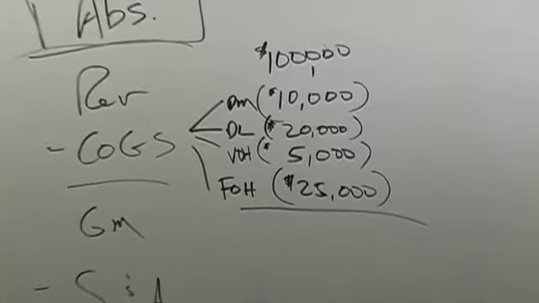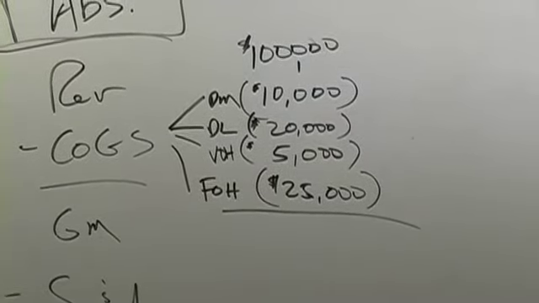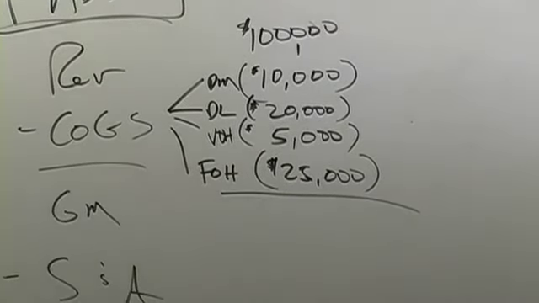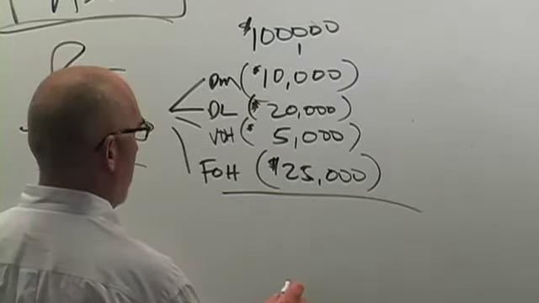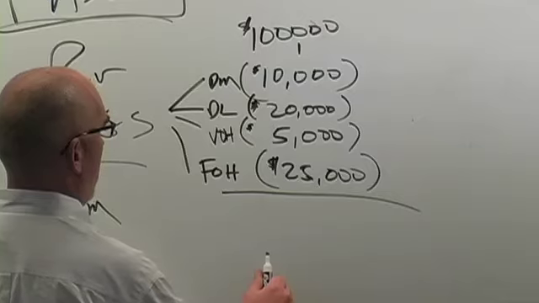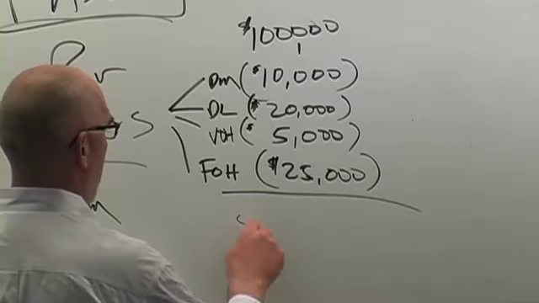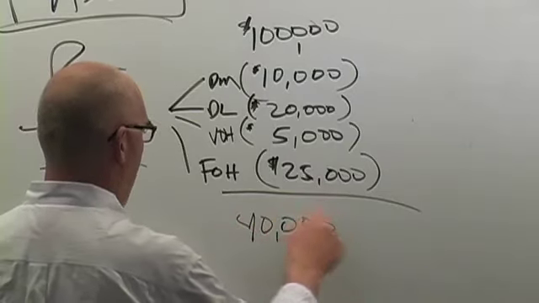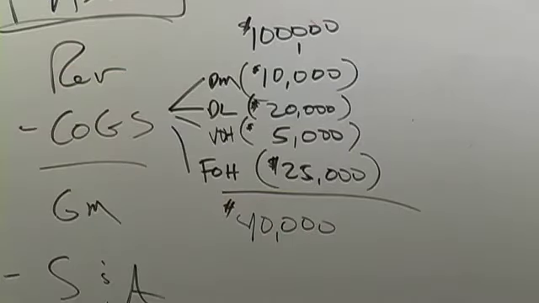Whitney, can you do that in your head? Yes, 60. Huh? 60? No, 40, sorry. I just added. It adds up to 60, so therefore gross margin's 40,000. I was expecting it to be second half, but it's okay.